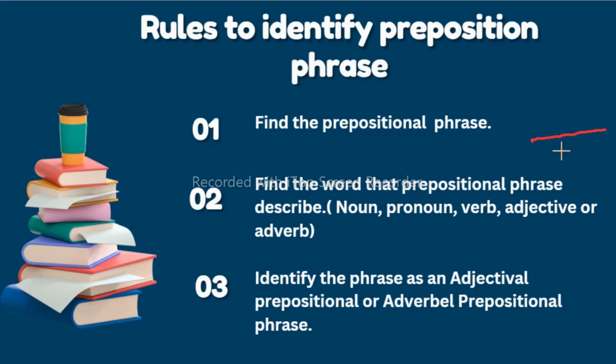You have to see what this prepositional phrase is modifying, talking about: either a noun, pronoun, verb, adjective, or adverb. If your prepositional phrase is talking about a noun or pronoun, then it's an adjectival prepositional phrase. And if it talks about a verb, adjective, or adverb, it's called an adverbial prepositional phrase. So the third step is this only: you have to identify whether the given phrase is adjectival or adverbial.